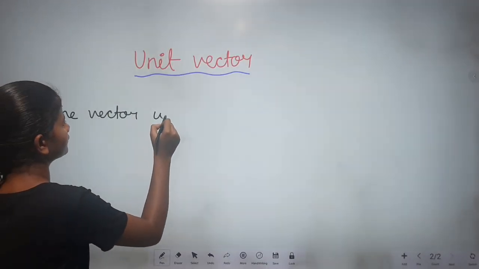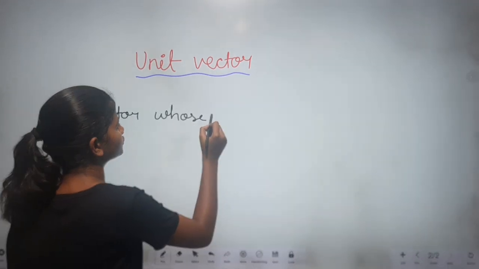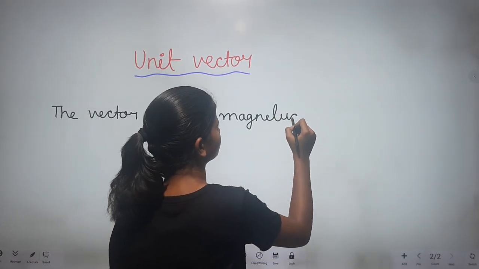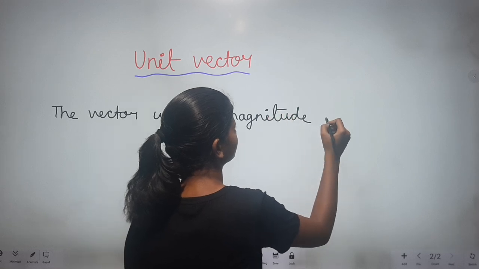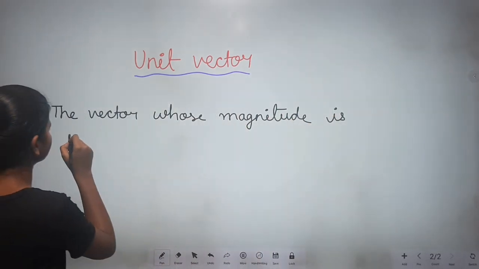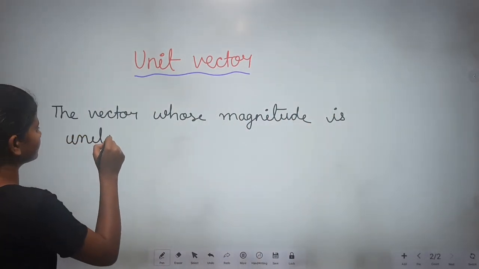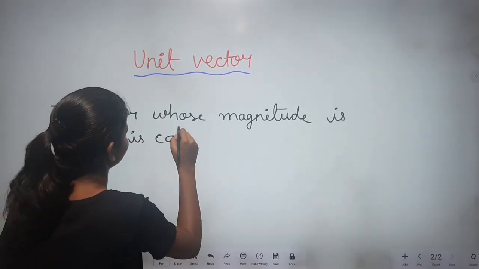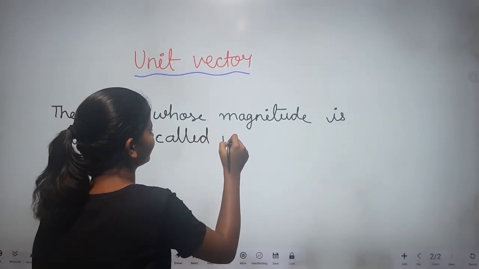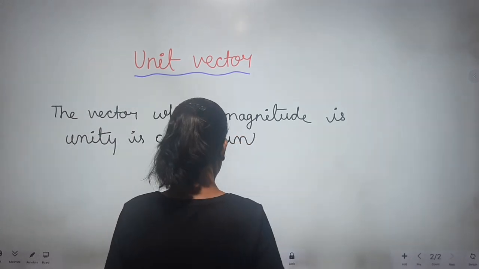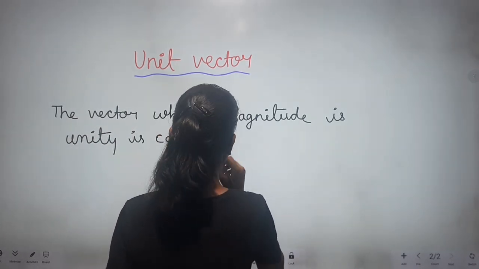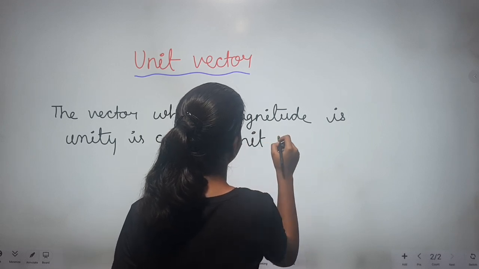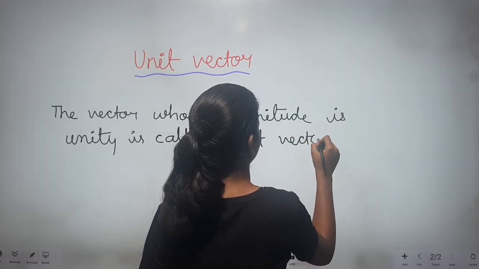The vector whose magnitude is unity is called a unit vector.